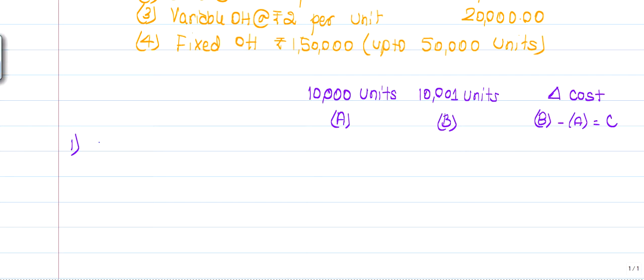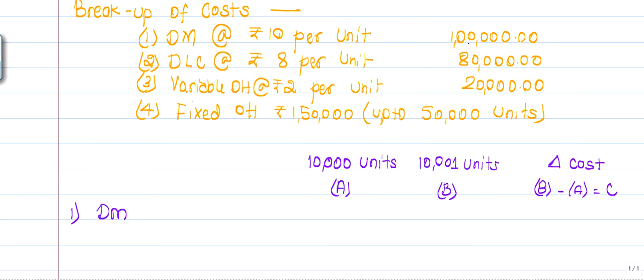First, we know direct material is 1 lakh rupees. Here it will change: rupees 10 per unit into 10,001 units produced gives 1 lakh 10 rupees.